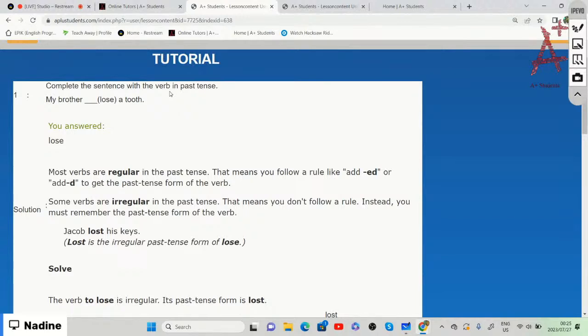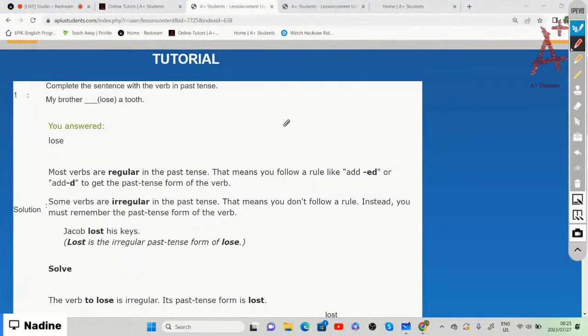My brother lose a tooth, which means that the irregular past tense form of lose is my brother lost a tooth. As you can see, the word changed from lose to lost. To lose something is irregular, so the past tense form is lost.